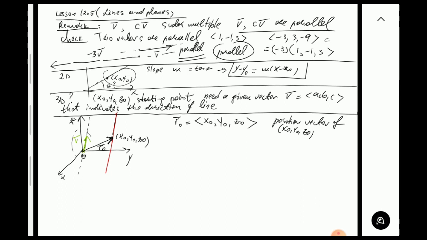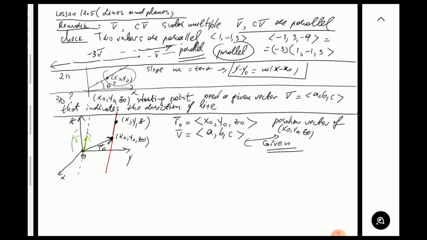When you obtain the equation of any geometric figure, you want to have a description of a generic point on that figure. So you always pick a generic point x, y, z. The idea is to find a relationship between x, y, and z given these elements on the line, so given the point x naught, y naught, z naught, and given the direction of the line.